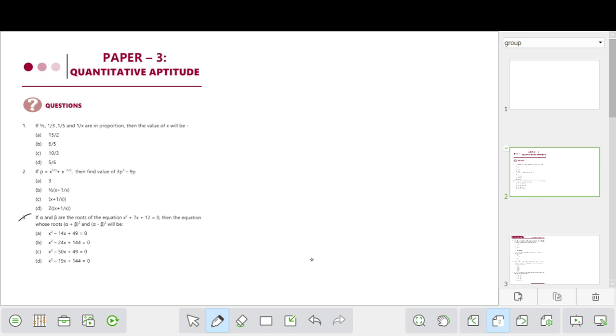Okay, so now question number 3. The data gives alpha plus beta, that is sum of roots is equal to minus b by a, and alpha beta, that is product of roots is c by a. Sum of roots निकालते हैं तो minus b, that is minus 7 by 1, c by a is 12 by 1. जो नए roots हैं that is alpha plus beta whole square.